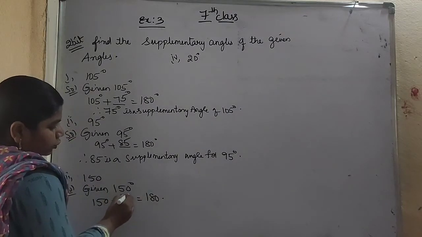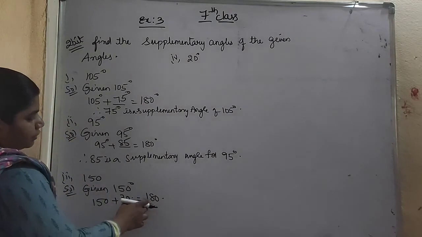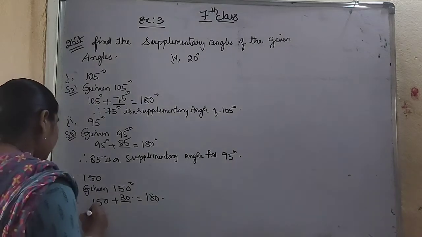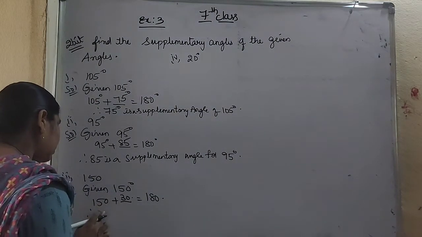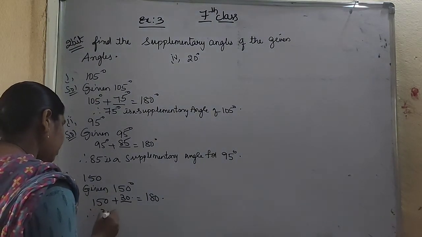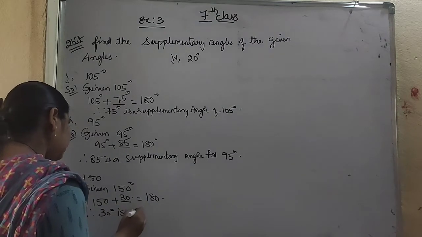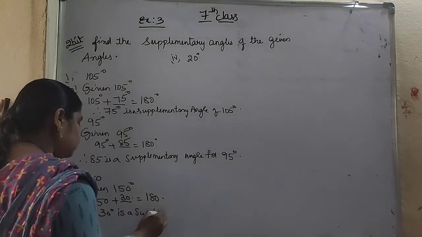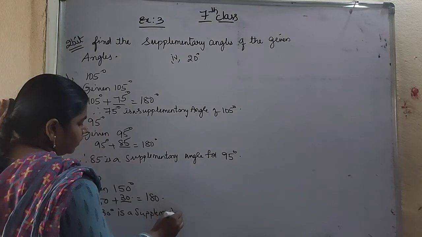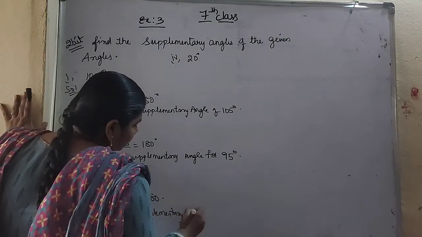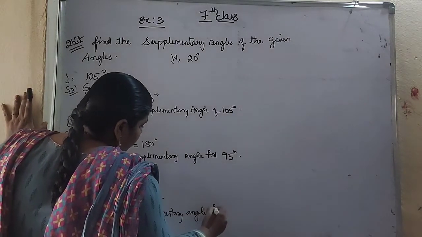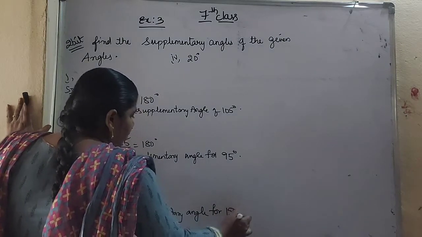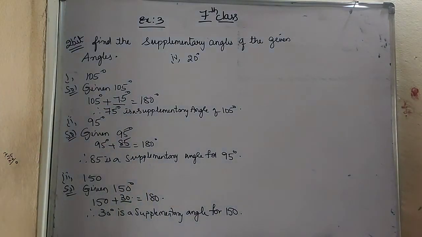That will be equal to 30. 150 plus 30 will be equal to 180. Therefore 30 degrees is a supplementary angle for 150. This is our third question.